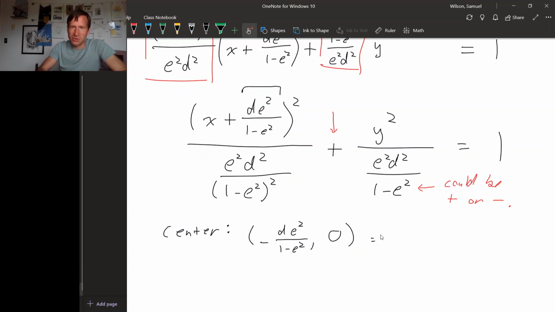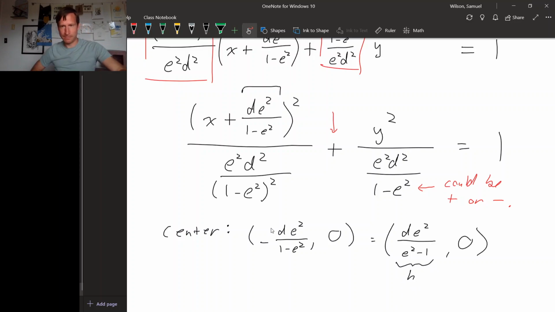Or if we wanted to absorb that minus sign into the fraction, we could write de squared over e squared minus 1, comma 0. So there's the center. Some people call the x-coordinate of the center h, and so h is de squared over e squared minus 1.